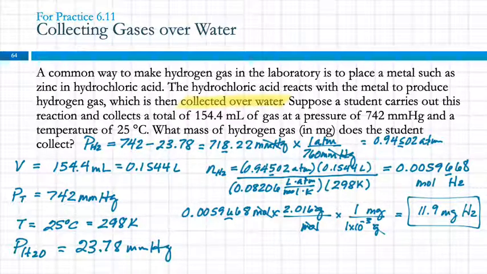Yeah. Now I'm getting 12.1. What did I do before? I multiplied by 2.0016 in my calculator. Thank you for catching that.